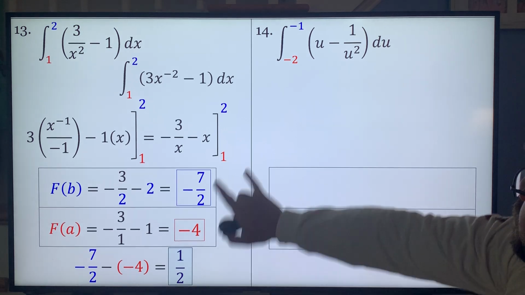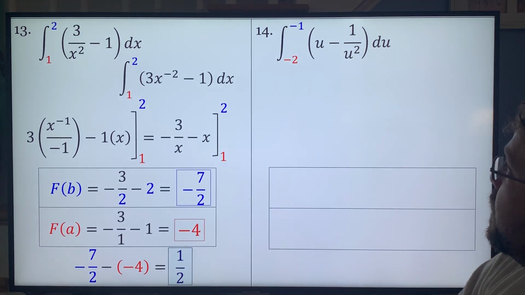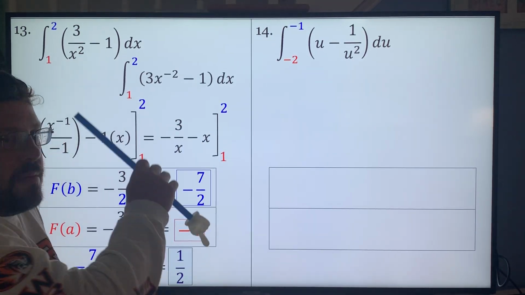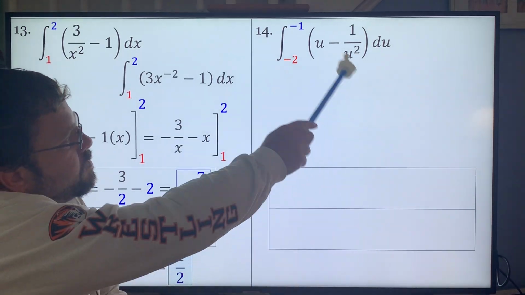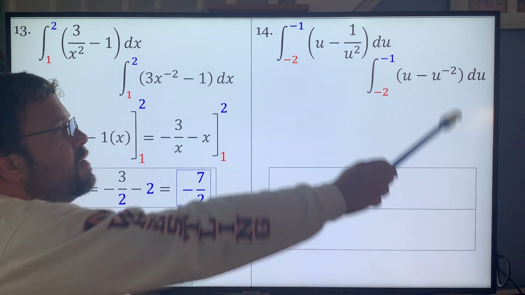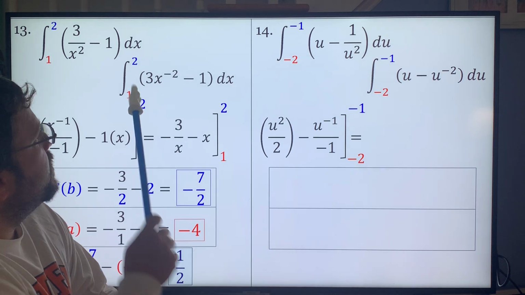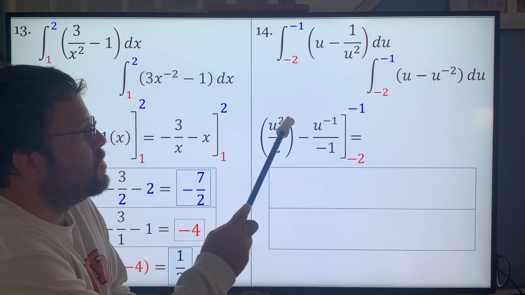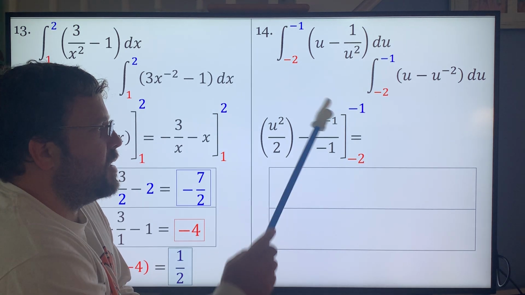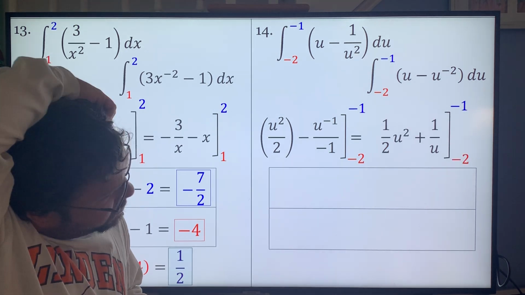All right. This one, rewrite it, integrate it. All right, good to go. u minus u to the -1/2. Same thing we did over here, pretty much but backwards. So it's u squared over 2 minus, and a minus is a plus, u to the -1 or 1 over u.